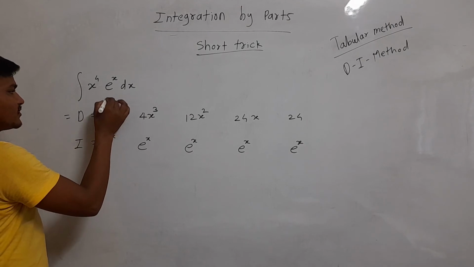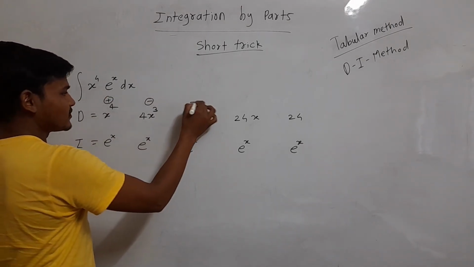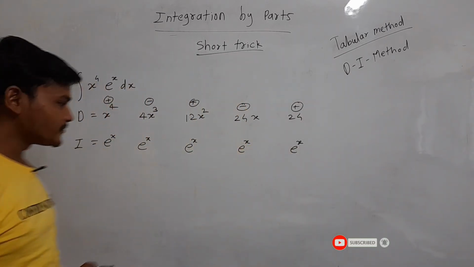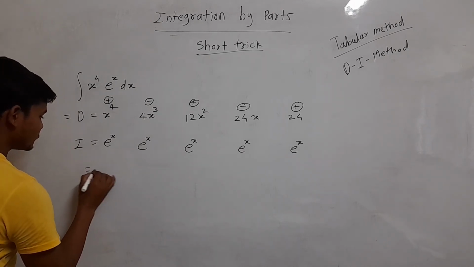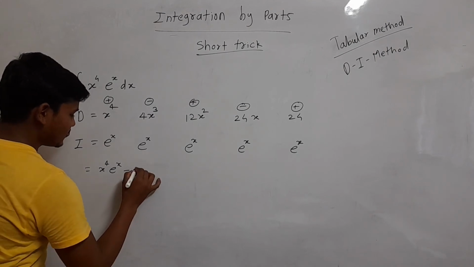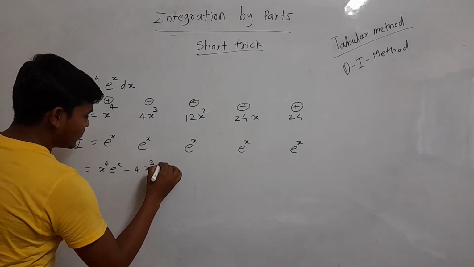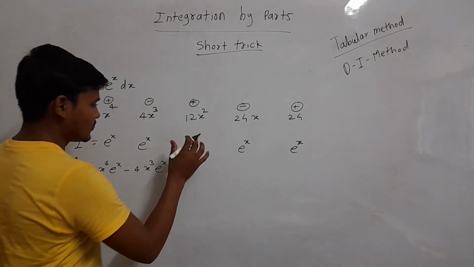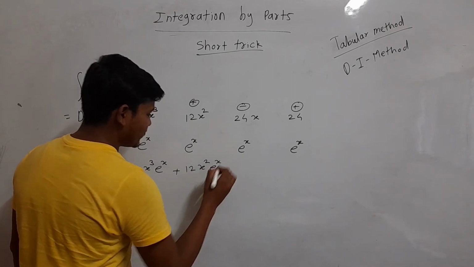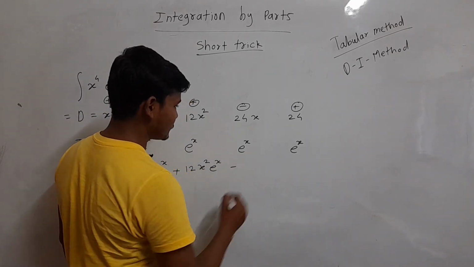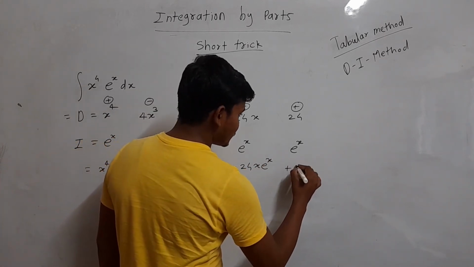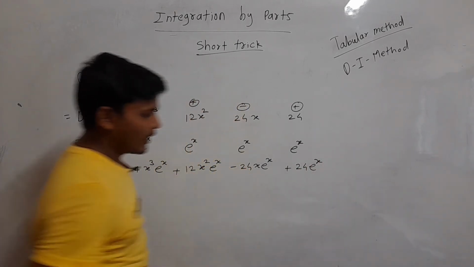Now our signs are plus, minus, and so on, finally plus. Multiply the terms: x raised to 4 e raised to x minus 4x cube e raised to x plus 12x square e raised to x minus 24x e raised to x plus 24 e raised to x.